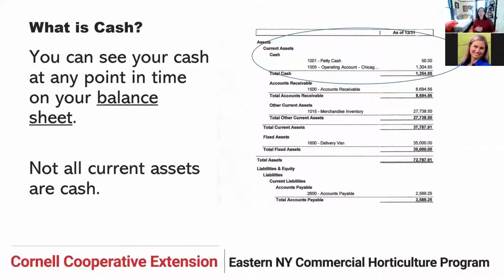But not all current assets are cash. Accounts receivable, money that people owe you, is a current asset, but it's not cash, because you can't say, well, I'm owed money and I'm going to pay you with that owed money. You actually have to have the cash, right? And other assets are not cash either. So you can have a lot of wealth and not have a lot of cash.